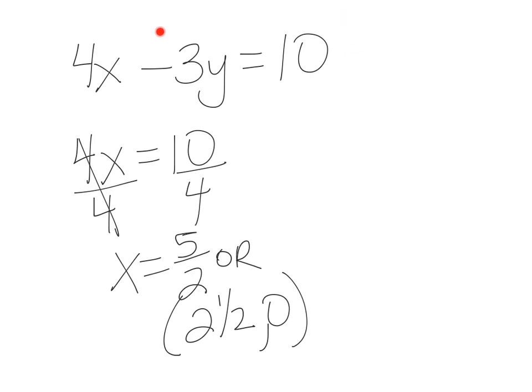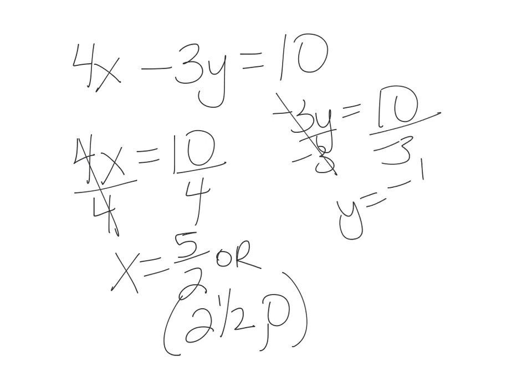You're left with this equation to solve. So I have negative 3y equals 10, divide by negative 3, and you get y is equal to negative 10 over 3. That is a fraction, so that's going to be the ordered pair (0, negative 10 over 3), which is just negative 3 and 1/3.